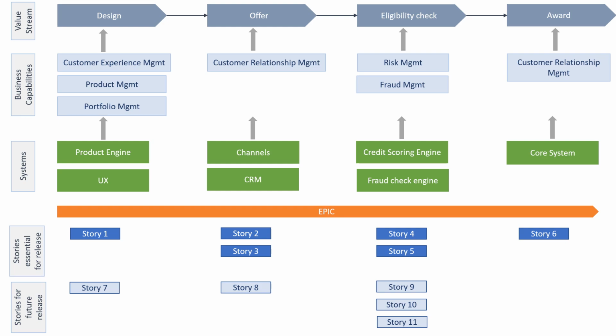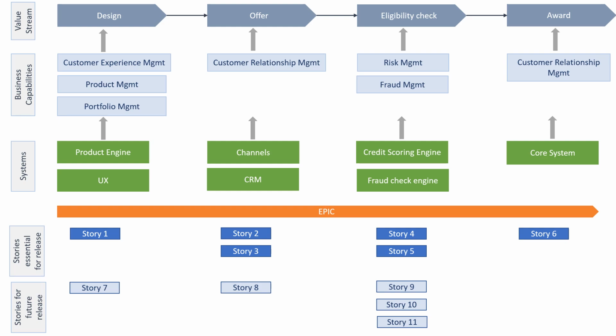As an example, I have shown that in the offer value stage, the impacted business capability is customer relationship management. At the same time, if business applications are mapped to business capabilities, then we can easily identify which business applications will be impacted, or where the change will come as part of the IT project.